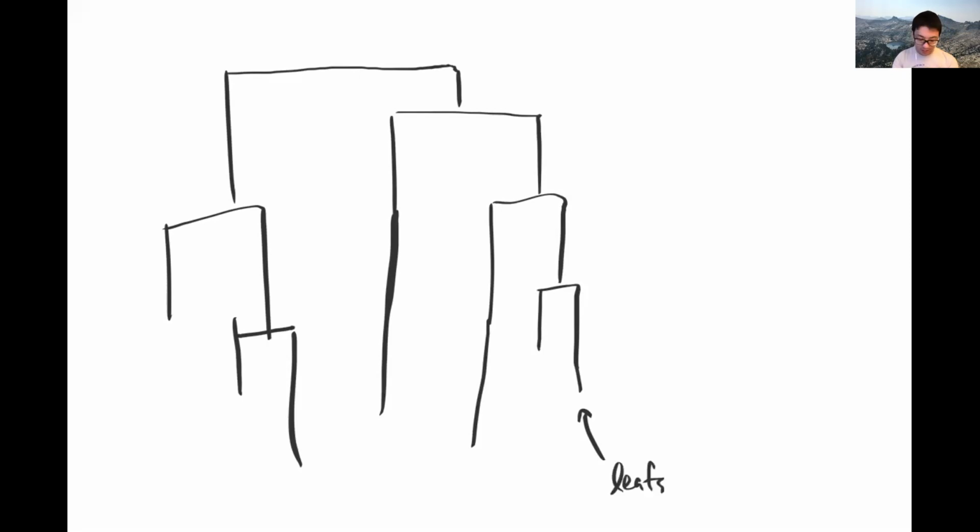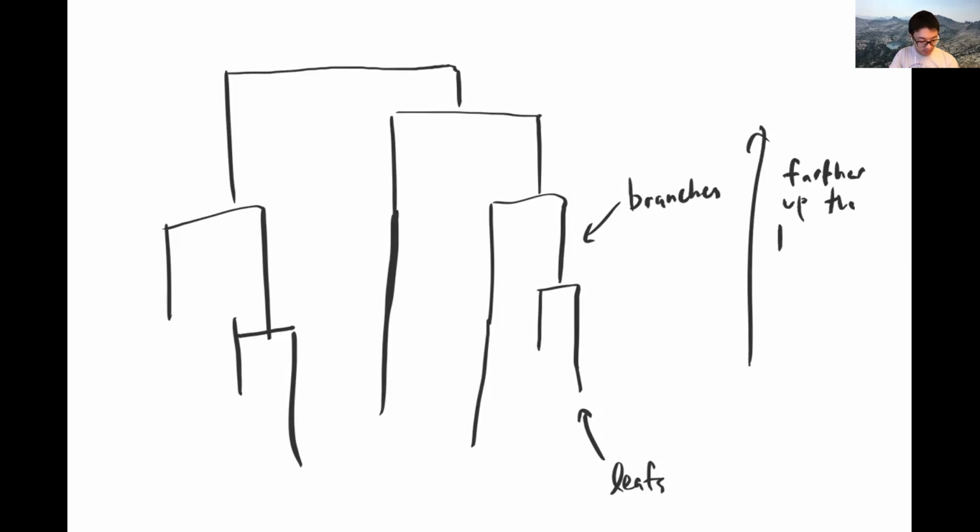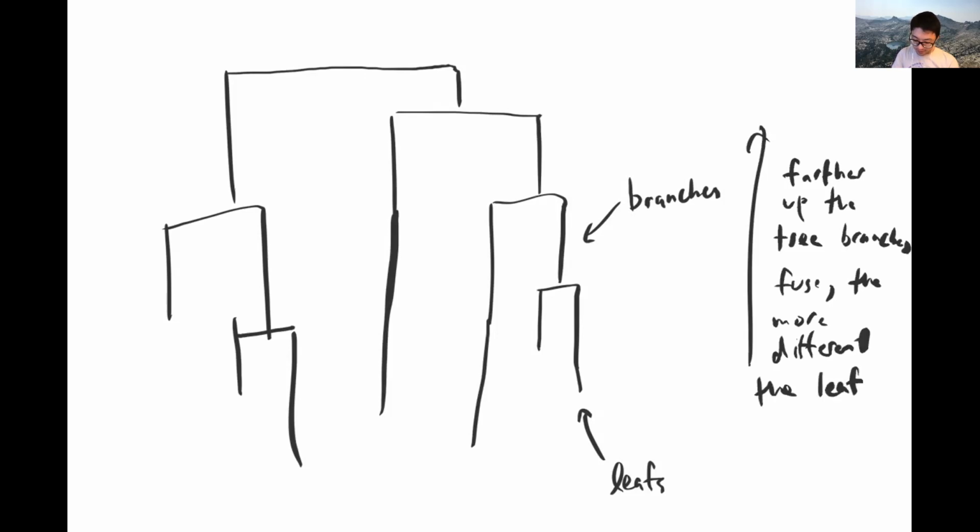The whole thing is the tree, and as you can imagine, these things are called branches. The farther up the tree branches fuse, the more different the leaf observations are.